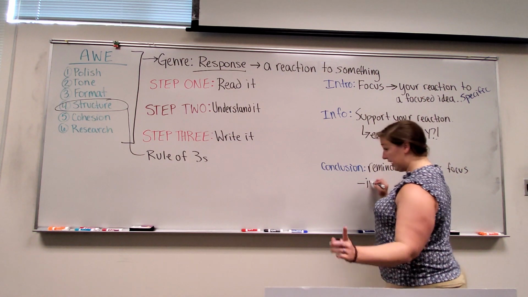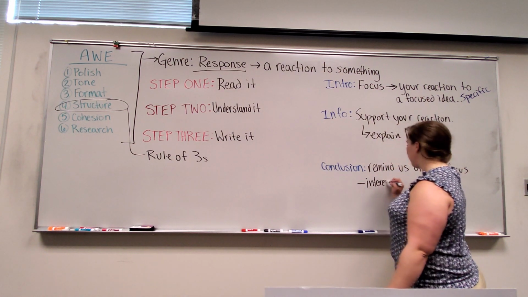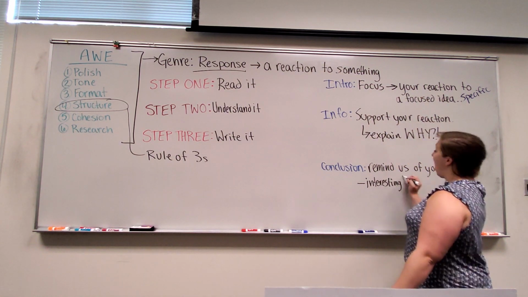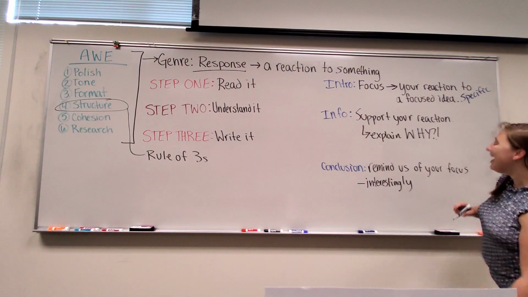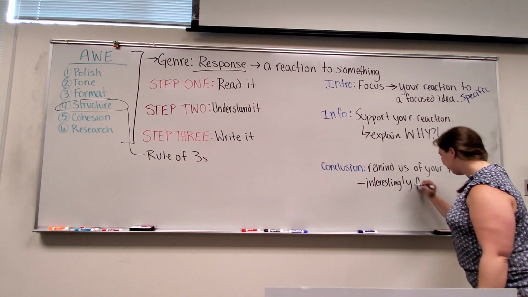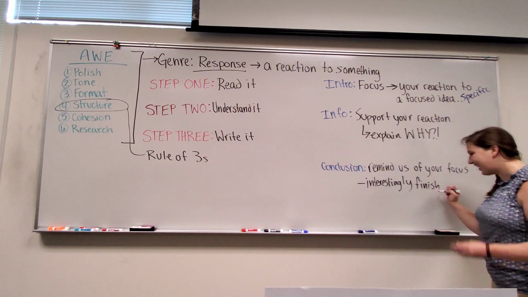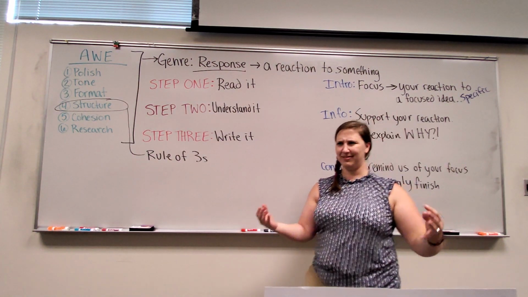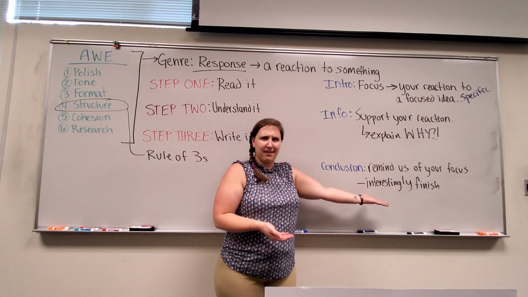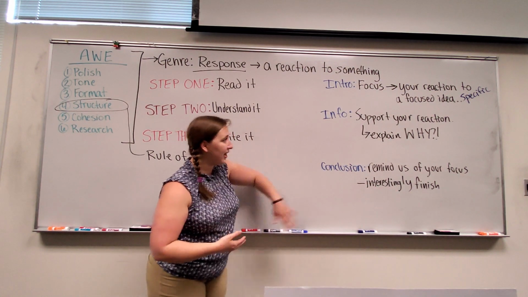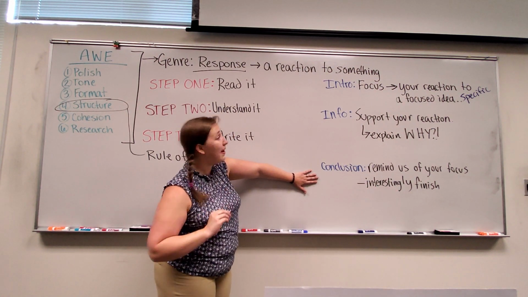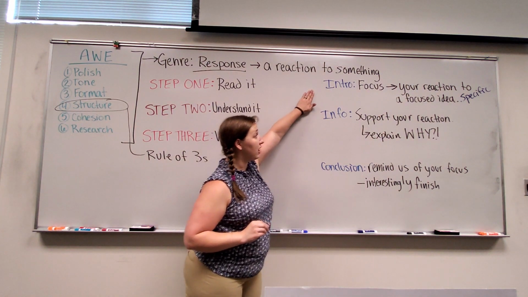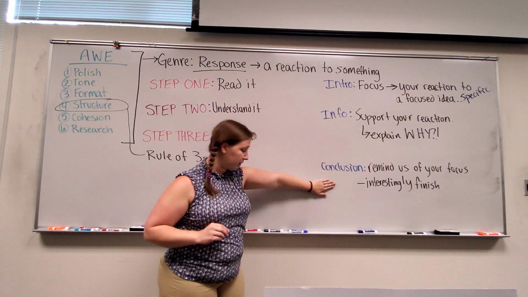Tell us in an interesting manner, finish. Give us something exciting, an idea. Maybe pose a question saying, well, did you ever think that your first draft was shitty? That is okay to do. You just have to make sure you introduce, you support, and you conclude.